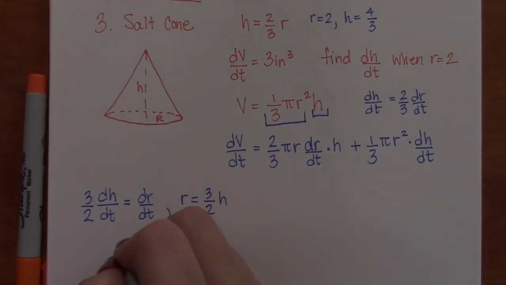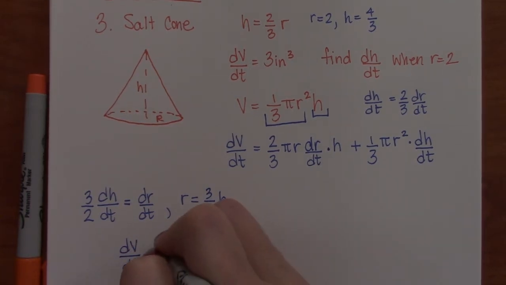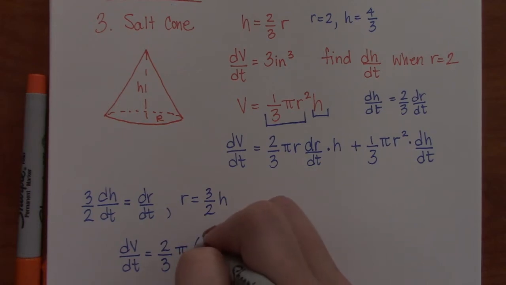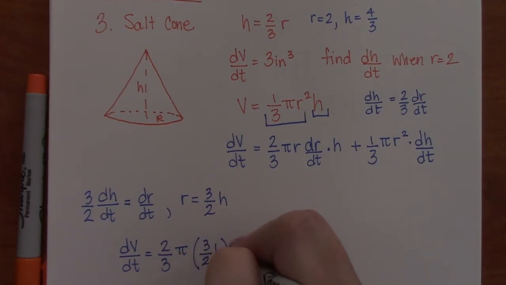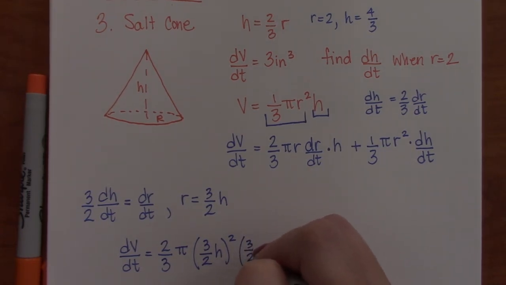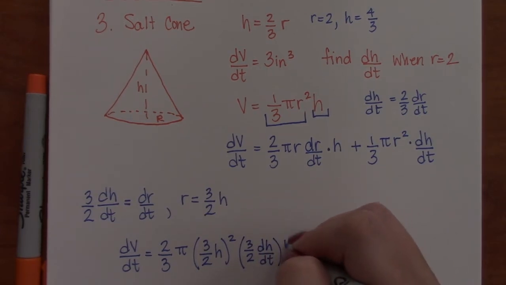So I can come back to my equation, dV/dt, and everywhere I have an r, I can replace it with 3/2 h. Everywhere I have a dr/dt, I can replace it with 3/2 dh/dt.